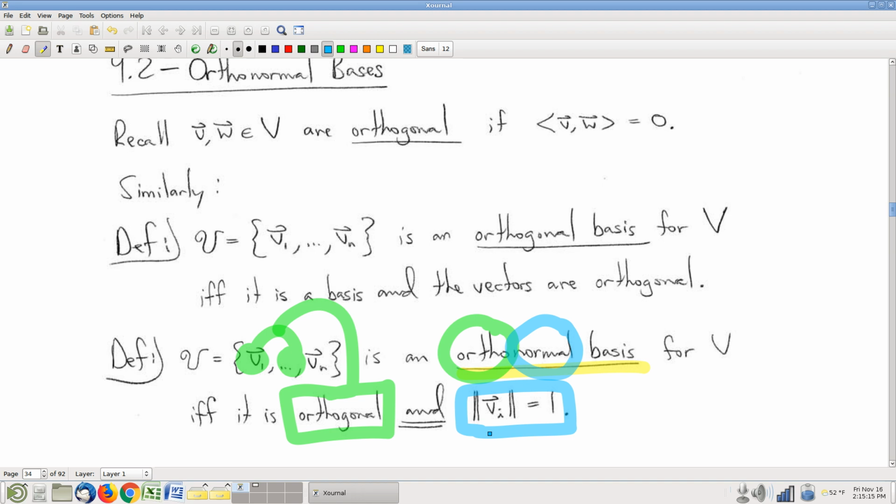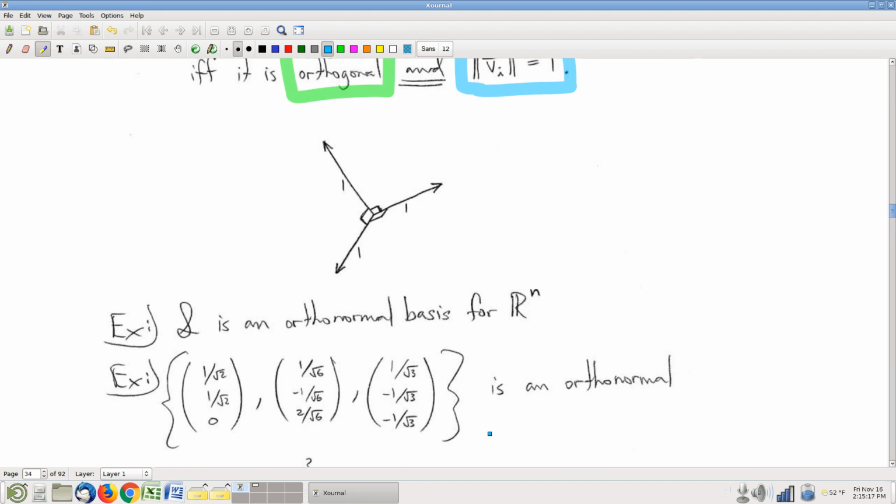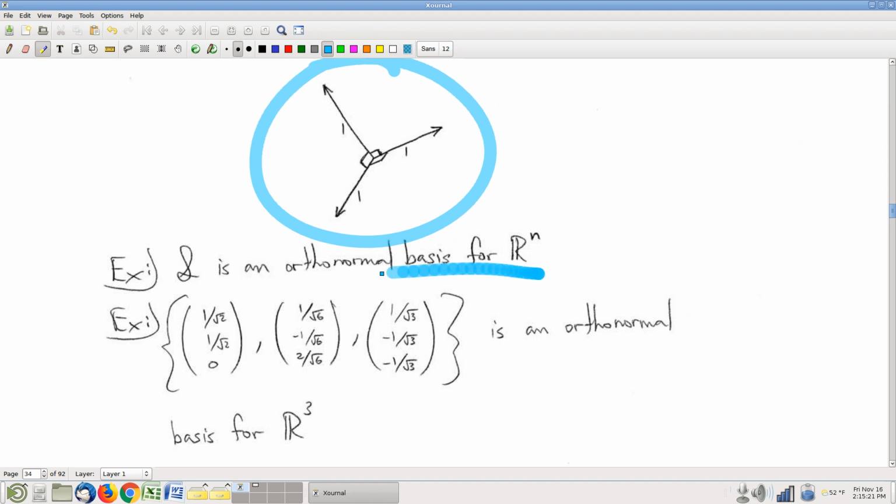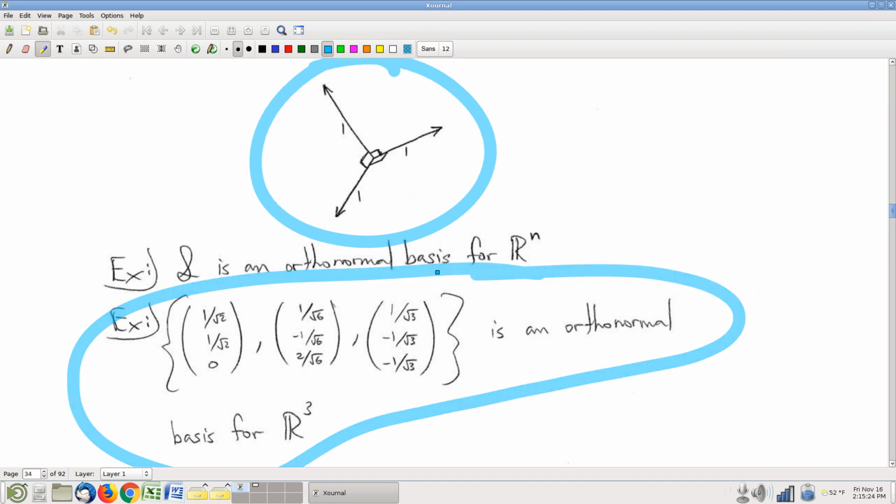So for example, here's an orthonormal basis. Right here, I've schematically drawn these three vectors, and it's a little bit of a trick to accomplish. But pairwise, you can take these dot products. Those are orthogonal.